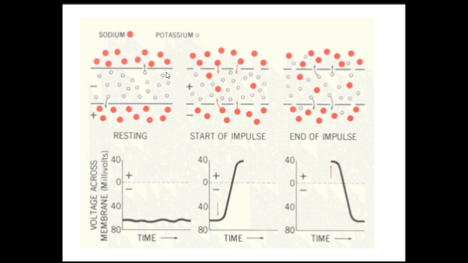The sodium coming in actually creates a positive charge inside, and it will boost it up to that -55. Now, if we don't get enough sodium channels to open up, then we do not reach -55, and we do not pass go. So that's a no-go for the action potential. It has to reach -55, and then bam, an action potential occurs, or an electrical impulse is traveling down the axon.